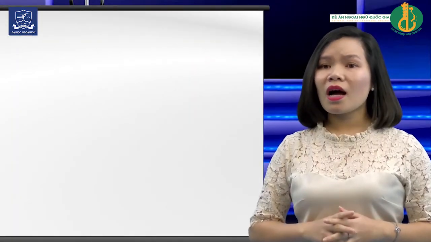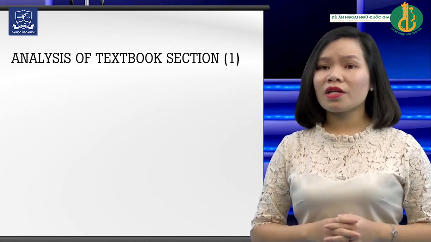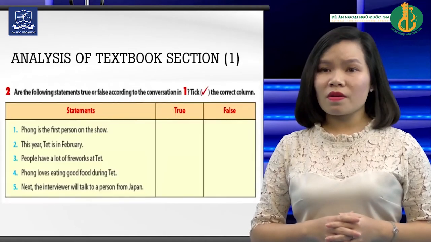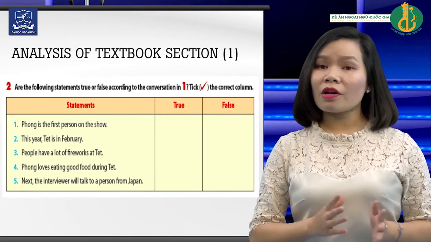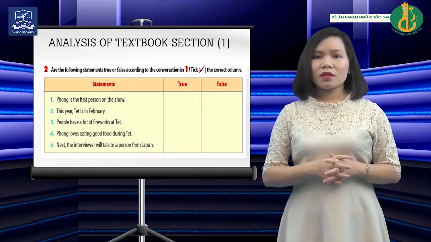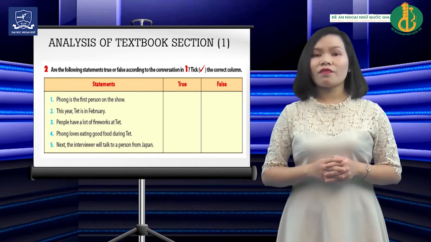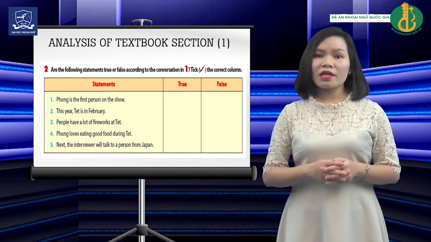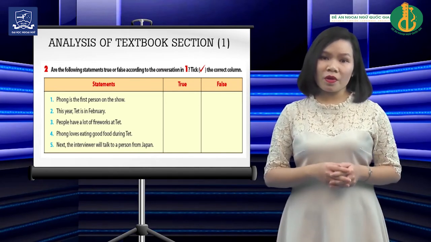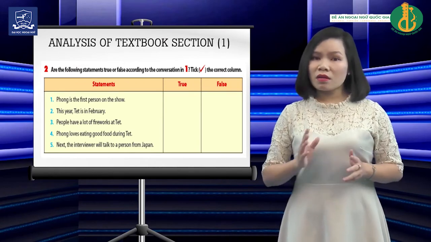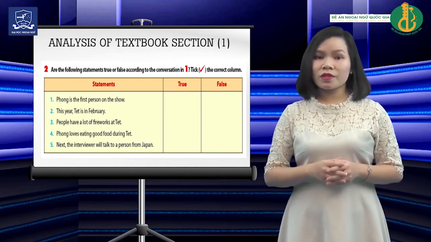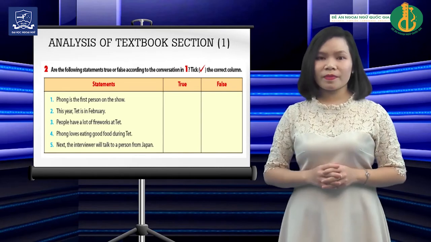Exercise 2 asks the students to decide whether or not 5 statements related to the interview are true or false. This is mainly to check the students' understanding of the interview's content, to get students prepared for the topic of the whole unit, but not to focus on the students' specific reading skill.